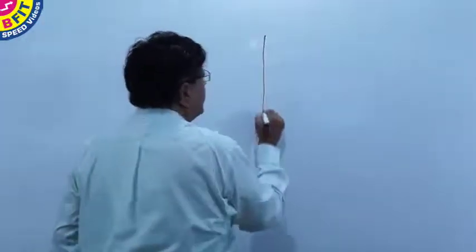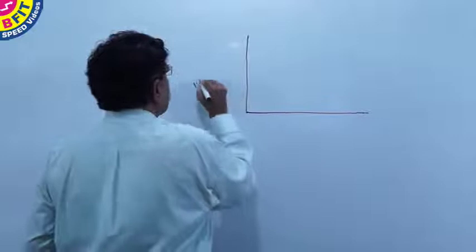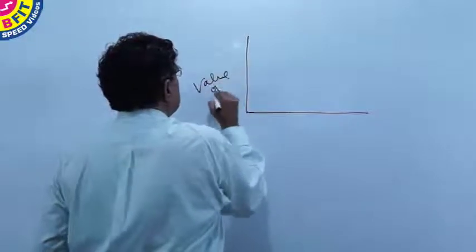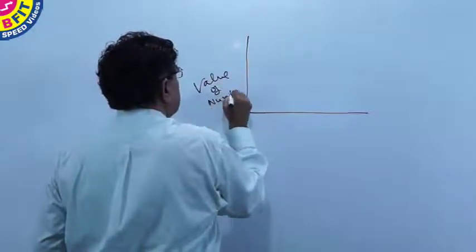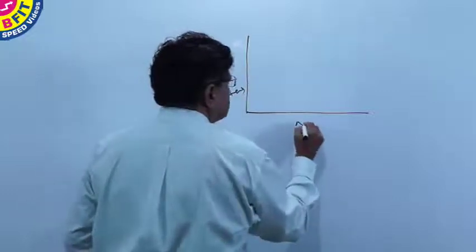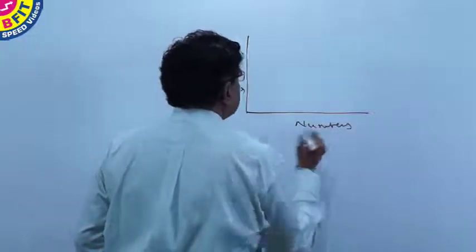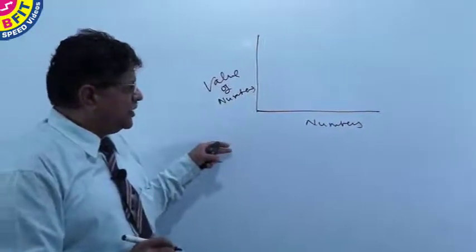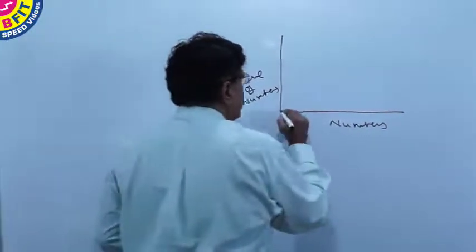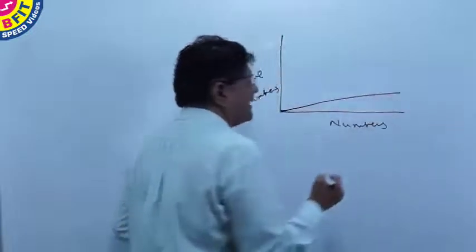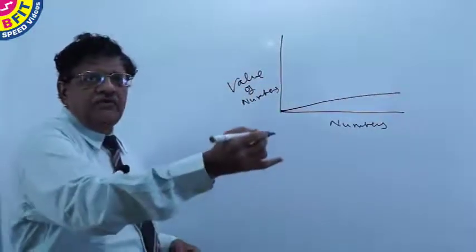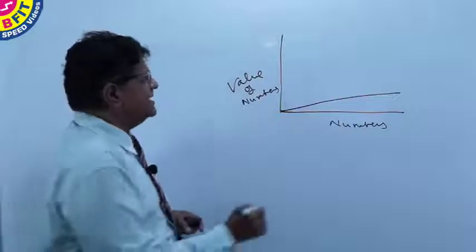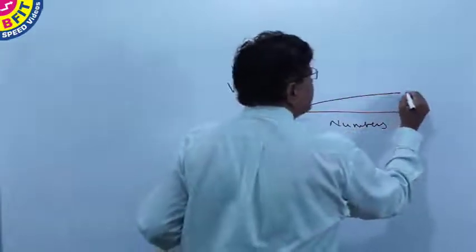Suppose we put in the x-axis the value of numbers, and here the numbers themselves. If the series grows in a very mediocre manner, 8, 10, 12, 15, something like that, then some addition is involved. It is an arithmetic series.